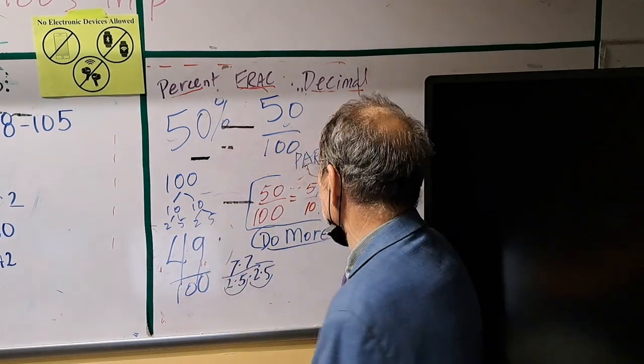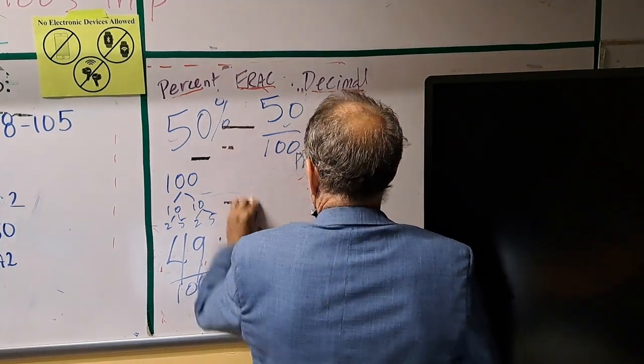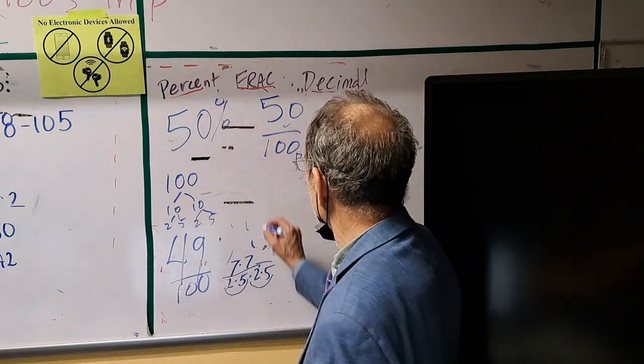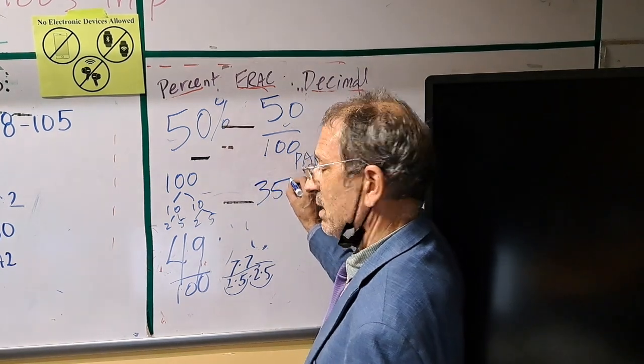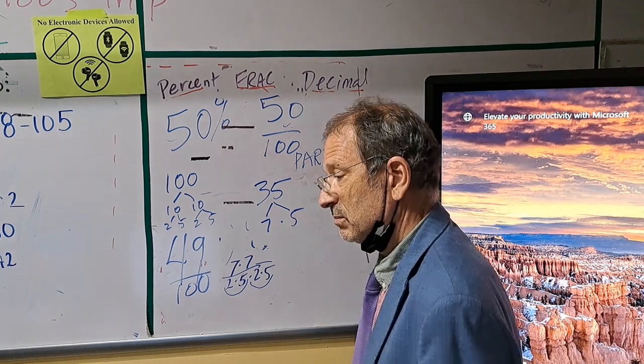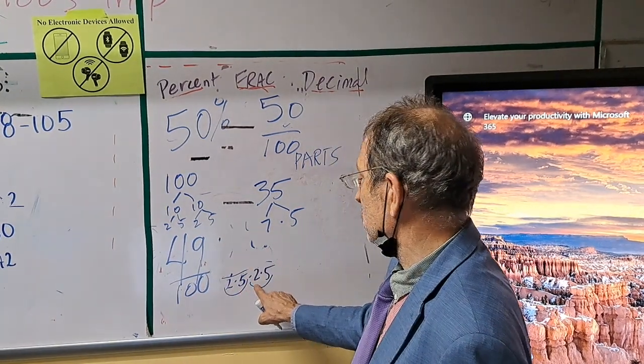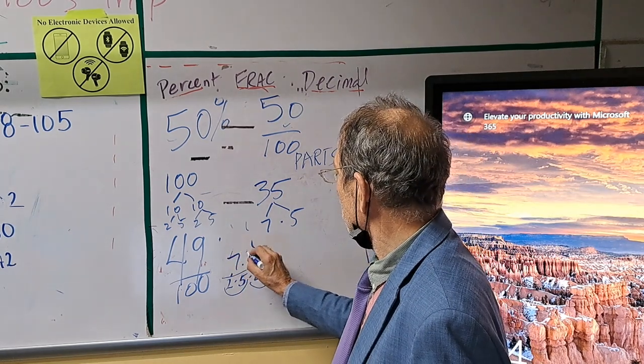This is handy, and I'll show you why, because, well, you saw it with 35%. If we say 35 can be 7 times 5, and the 100 is 5 times 2, 5 times 2.